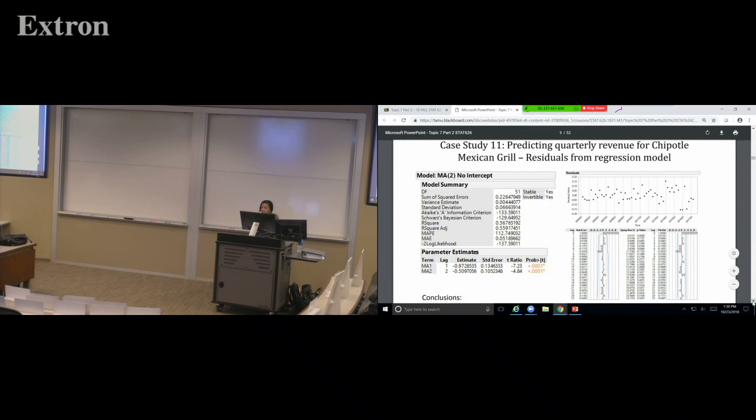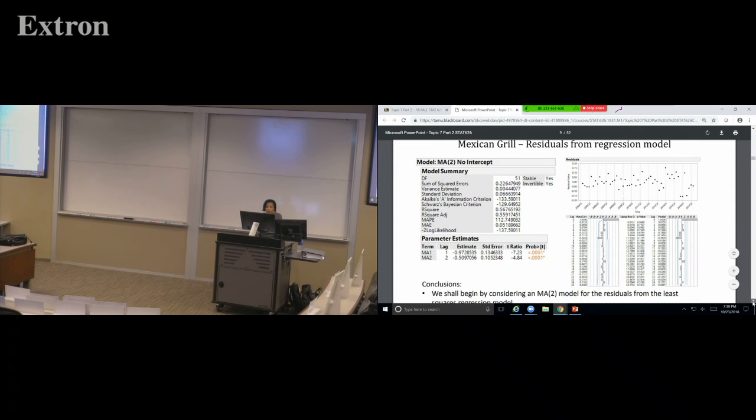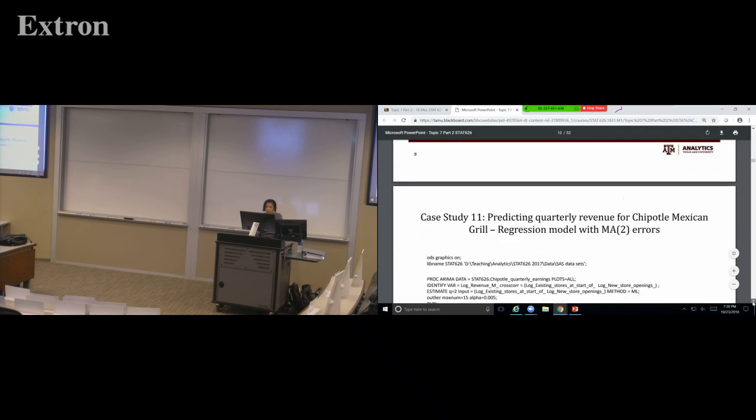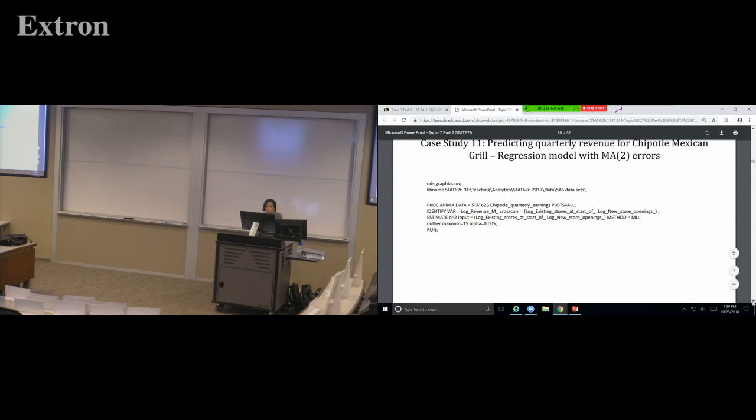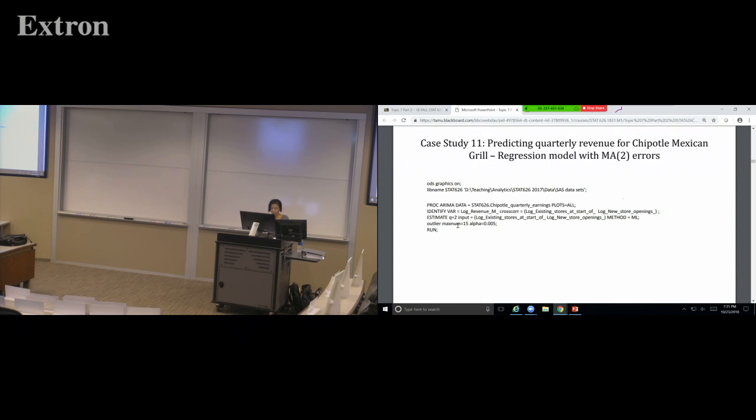It was provided to me as an idea from the ARIMA model group run. So, applying a moving average 2 to the errors in SAS, make sure in your cross correlation you put the predictors that you're using. Tell it in the estimate statement what model you're going to propose for your errors.